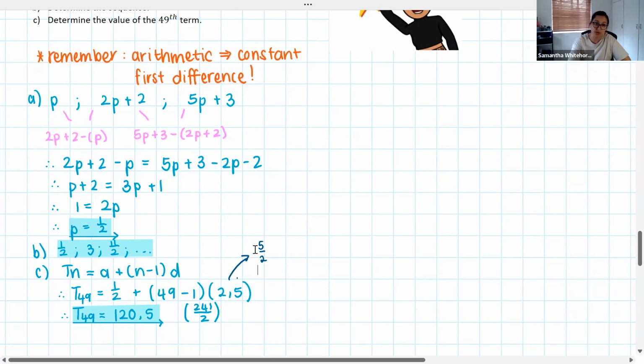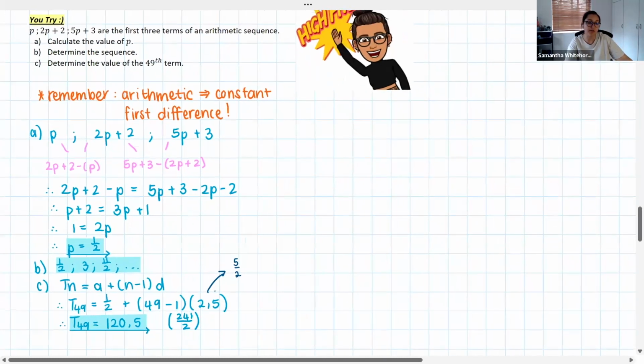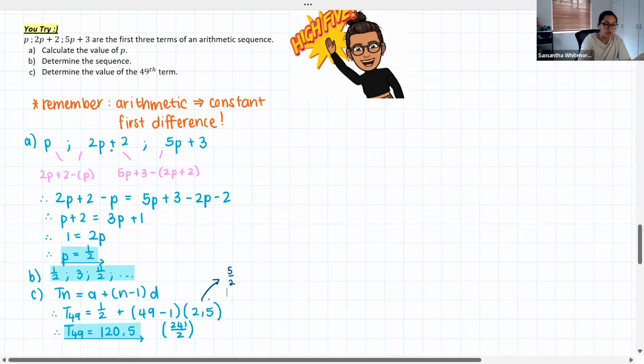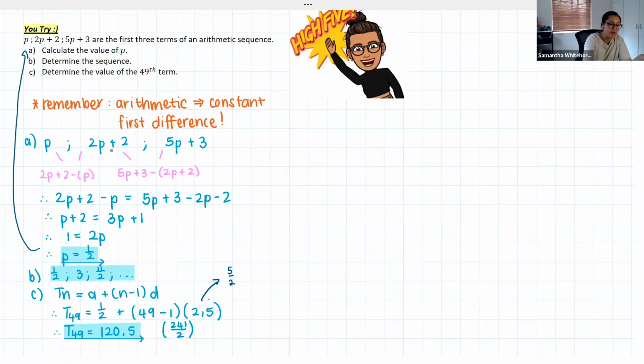There's nothing wrong with that, but it does throw us off a little bit. So again, my advice, if you are a little bit worried about whether or not the fraction is correct, once you have P, find that sequence like you did in B and make sure it is linear. If it's linear, you're on the right track. Okay, so I hope that answers the questions about the fractions.